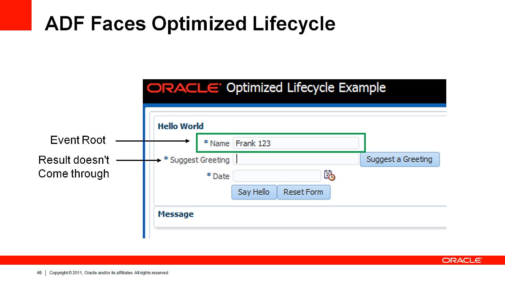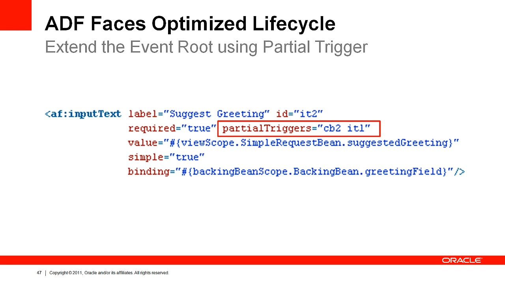On the suggest greeting field, if I add the ID of the name field, which is IT1, to the partial triggers property, then we enlarge the event root to include the suggest greeting field. That means with an update in the input text field, the suggest greeting field itself will be refreshed. It will be triggered, it will be part of the submit, and it will be processed properly, and that should lead to the update.